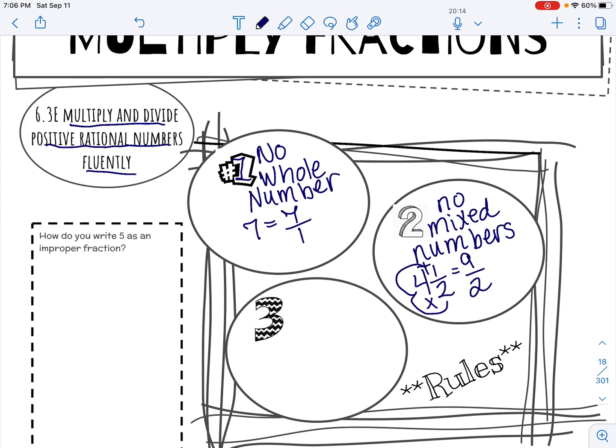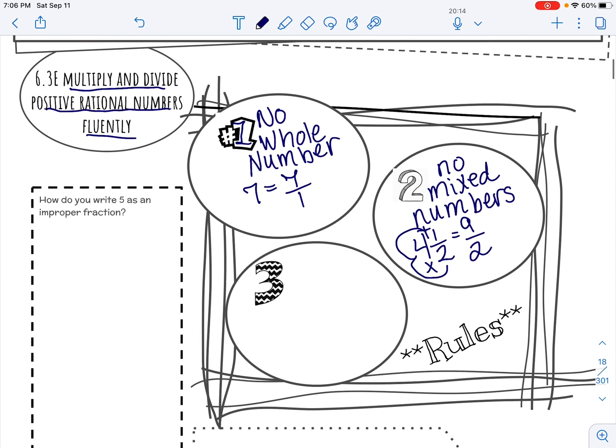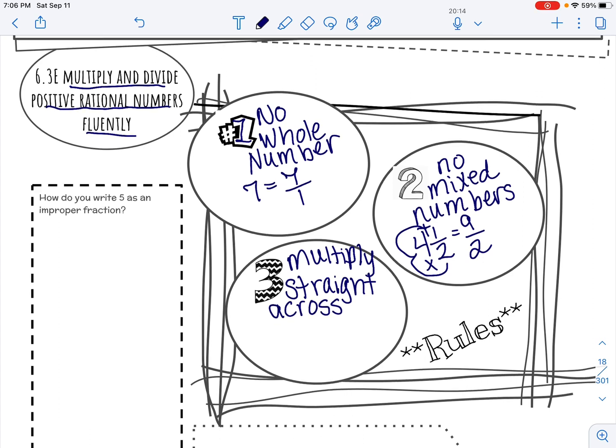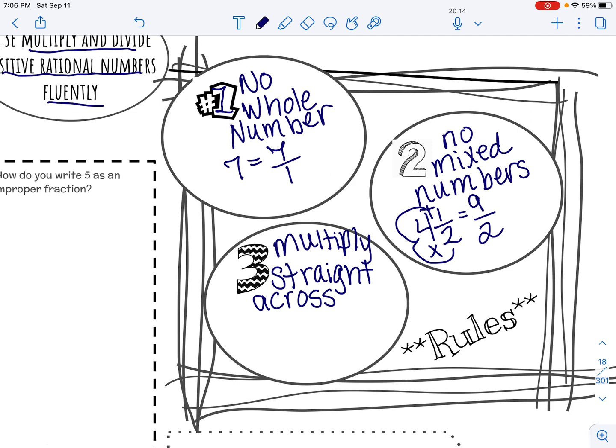Okay, number 3. Then, when I make sure I have no whole numbers, no mixed numbers, I can multiply straight across. So for example, if I have 1/4 times 2/3, I'm just going to multiply straight across.